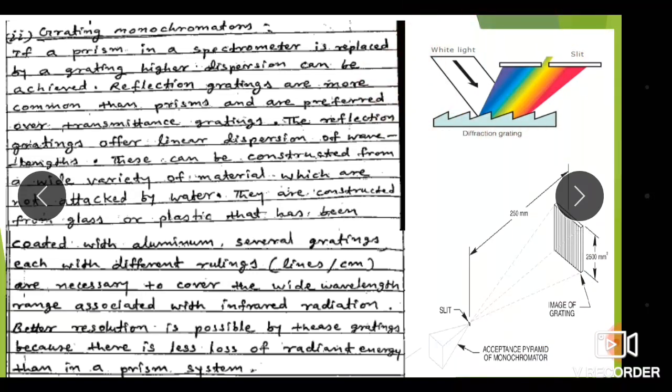In such a grating monochromator, a diffraction grating is used. Reflection gratings are more common than prisms and are preferred over transmittance gratings.